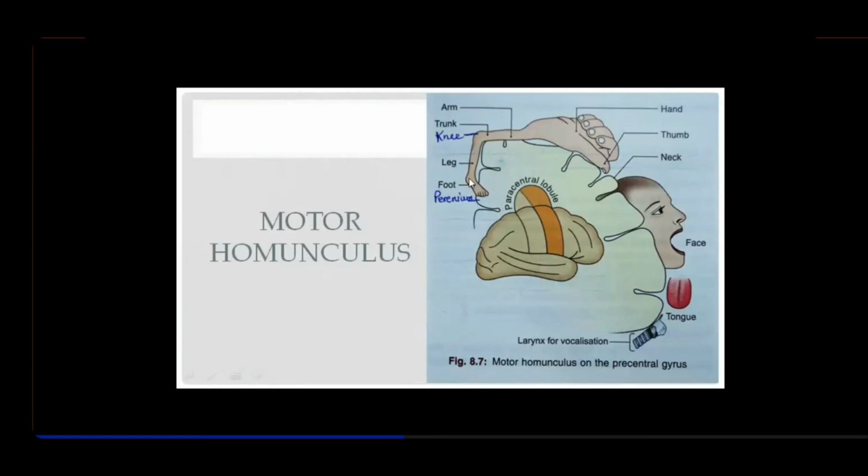So if there is any sort of lesion or ischemia of this anterior cerebral artery supplying the paracentral lobule, there will be paralysis of the foot muscles along with bowel and bladder incontinence, right? Because the perineum is also represented here.